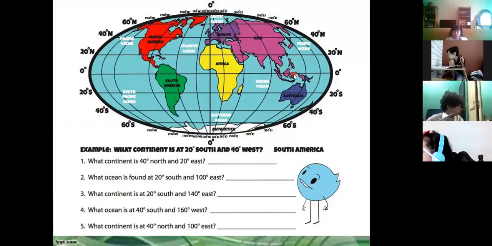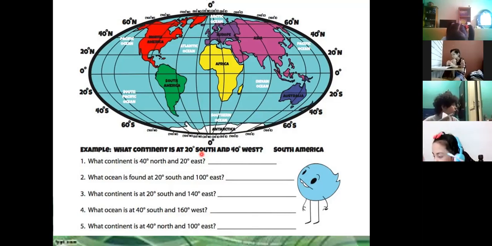For example, if I want to ask you, what continent is at 20 south and 40 west? Okay, 20 south and 40 west. So we need to go and check our map. This is our map. So we look for 20 south.